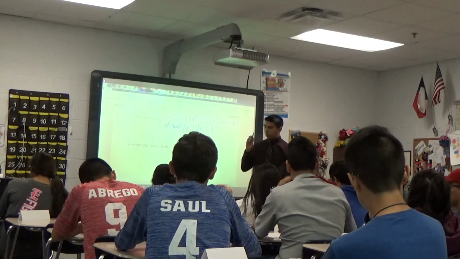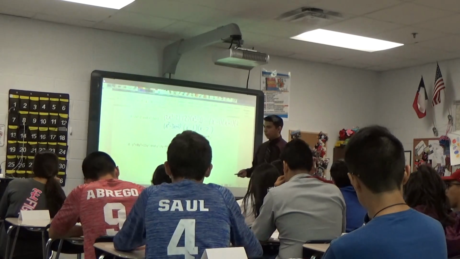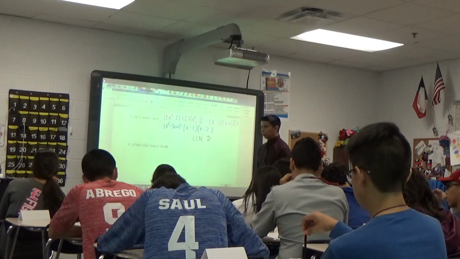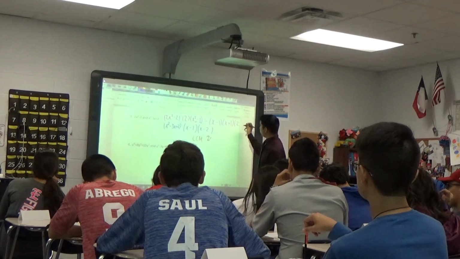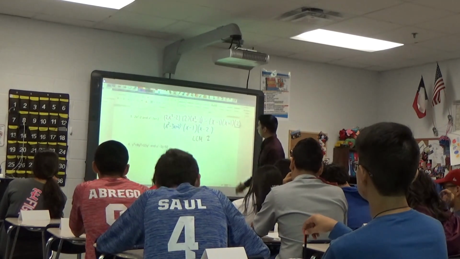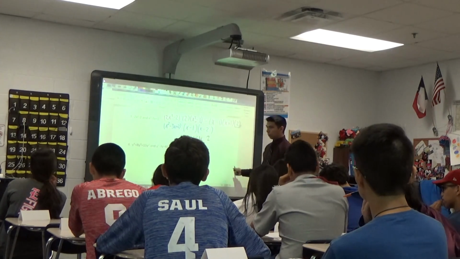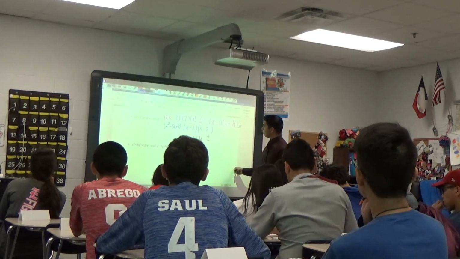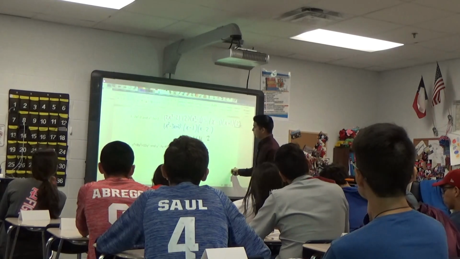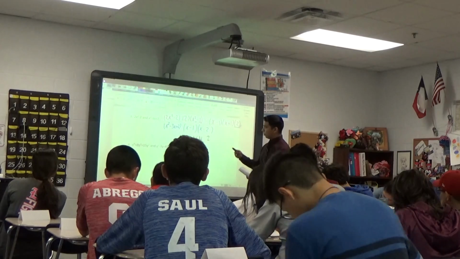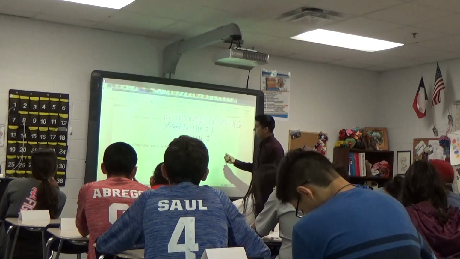Okay, Genesis. What's another factor that we could write for the LCM? So 2 is one of them. What's another factor? Okay, 1 is a factor because you could factor out a 1 and you still get the same answer.